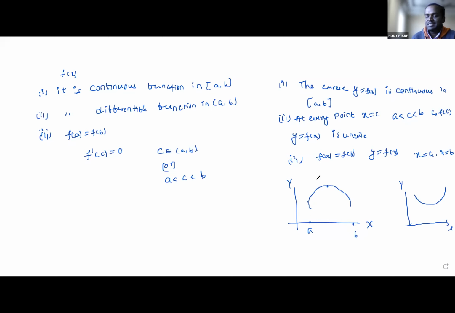If a line touches the curve at one point, that line passing through the one point is called a tangent of the curve.